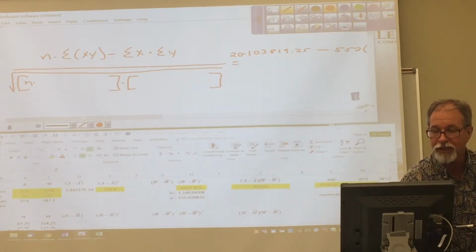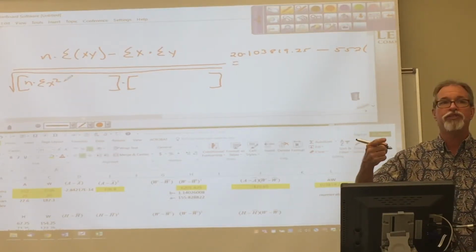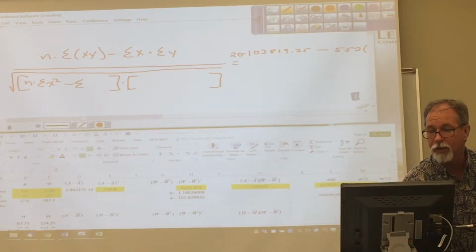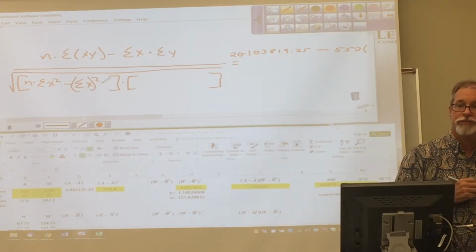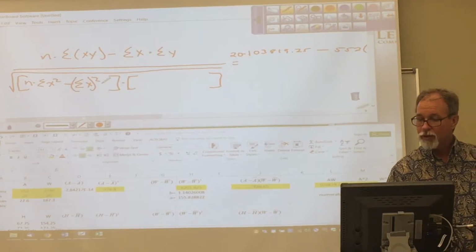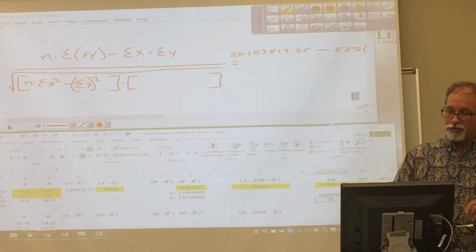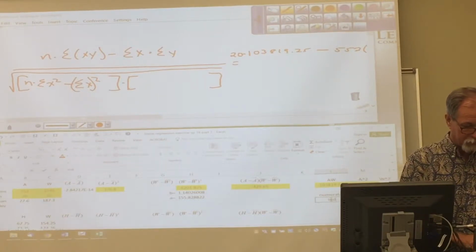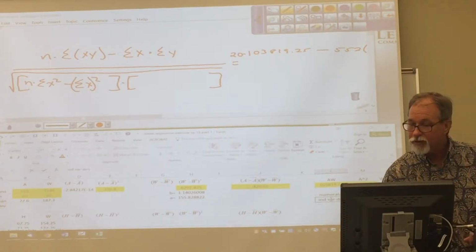I'm going to multiply it times the summation of x squared, which in this case is variable A. And then I'm going to subtract the summation of A squared. So this is going to be my independent variable denominator.